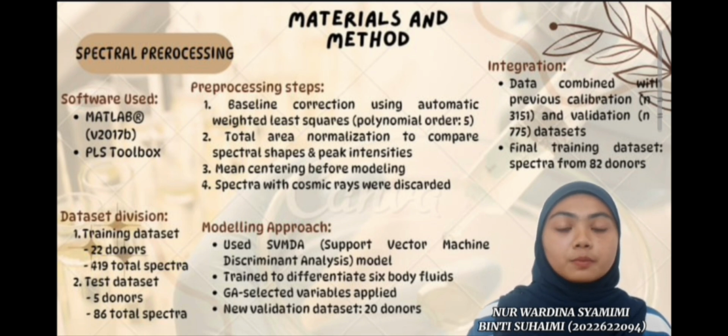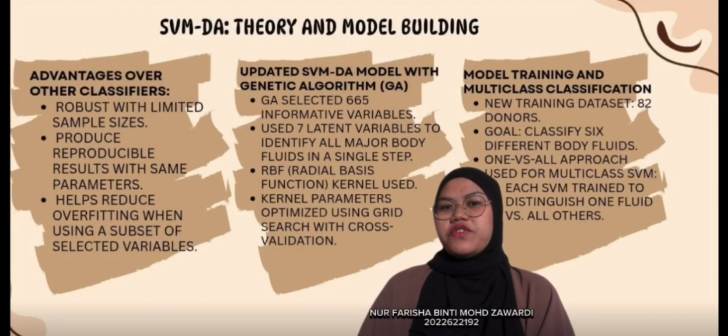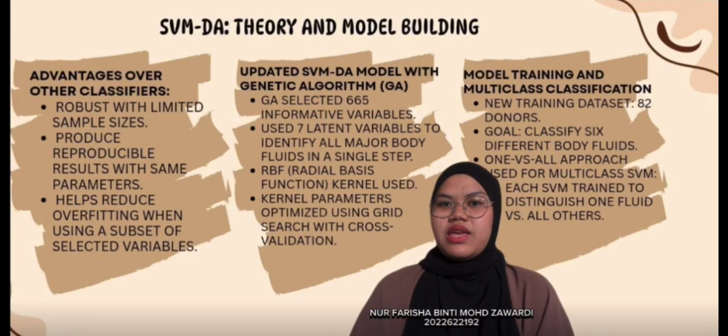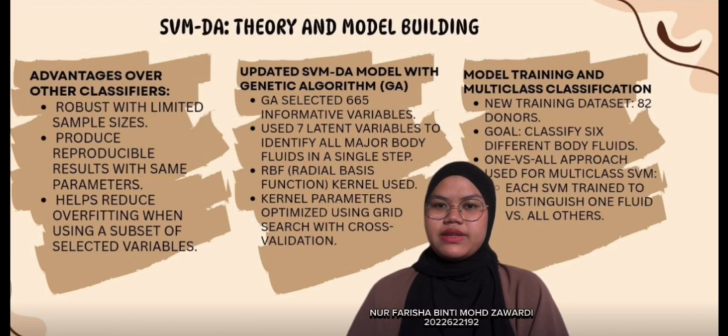The model's performance was then tested using a new validation dataset consisting of spectra from 20 donors. Overview of the SVMDA approach. SVMDA, or support vector machine discriminant analysis, is a popular classification method.